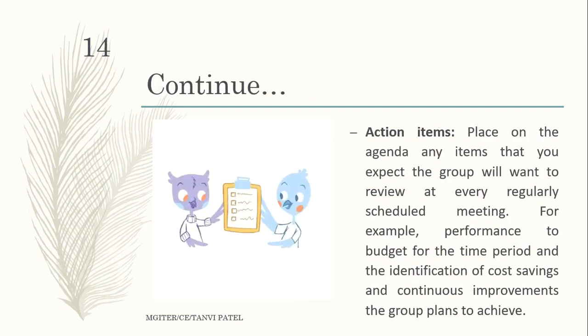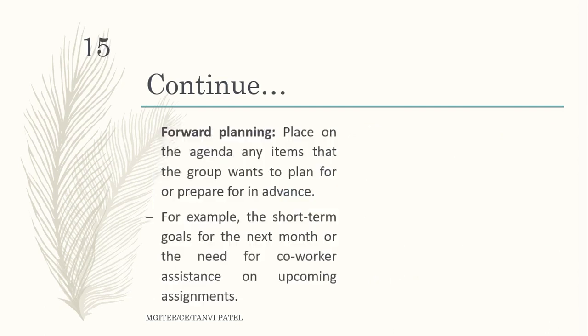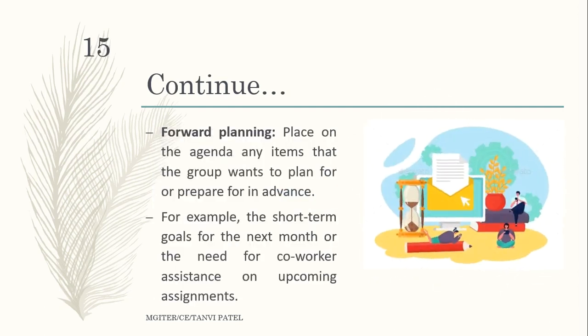Next is the action item. Place on the agenda any item that you expect the group will want to review at every regularly scheduled meeting. For example, performance to budget for the time period and the identification of cost savings and continuous improvements the group plans to achieve, that is your action plan. And next is forward planning.